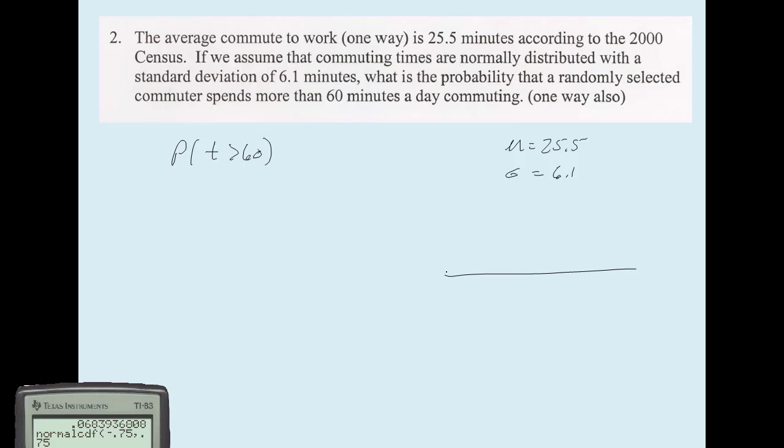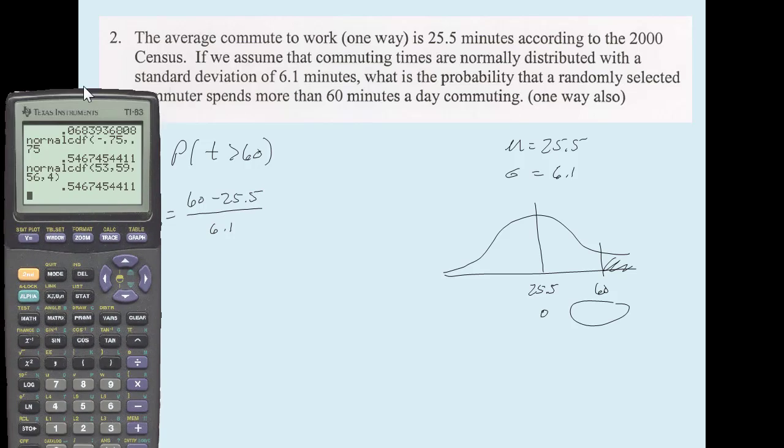So we're going to draw our beautiful curve. Here's 0. That's 25.5, that corresponds to 0. And then we're looking at a time of 60, so we want this area over here. I need to find that z-score first. So z of 60 is going to be 60 minus 25.5 divided by 6.1.